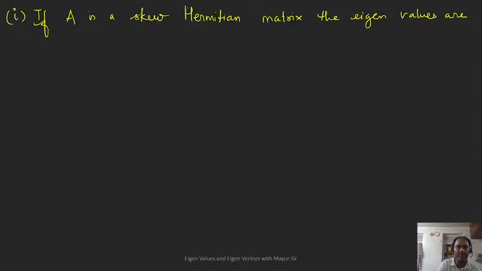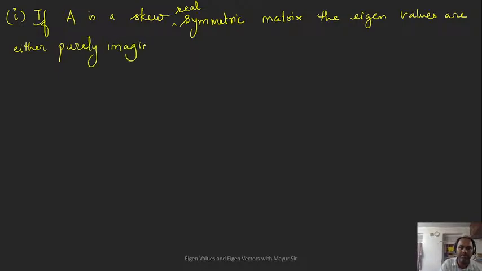Then you can write down skew symmetric, we can take a skew real symmetric matrix, then the eigenvalues are either purely imaginary or 0.